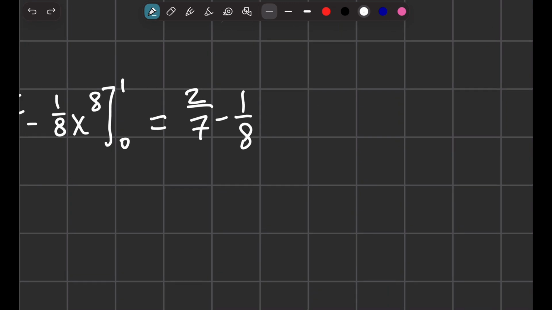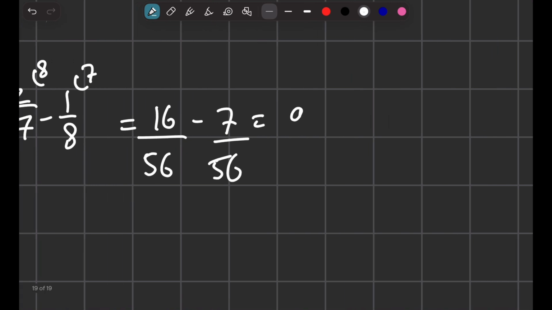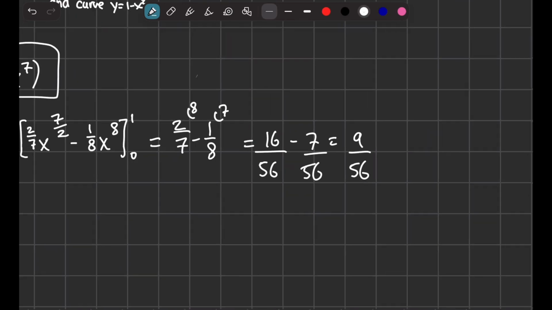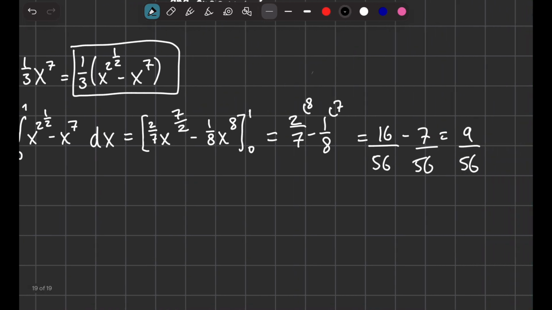So here you just can multiply this by 7, multiply this by 8, and get 16 minus 7 over 56, which is 9 over 56, which is equal to, let's see if we can make it any easier. No, we can't. Let's see, are we done here? No, because we had the 1/3 outside of the integral.